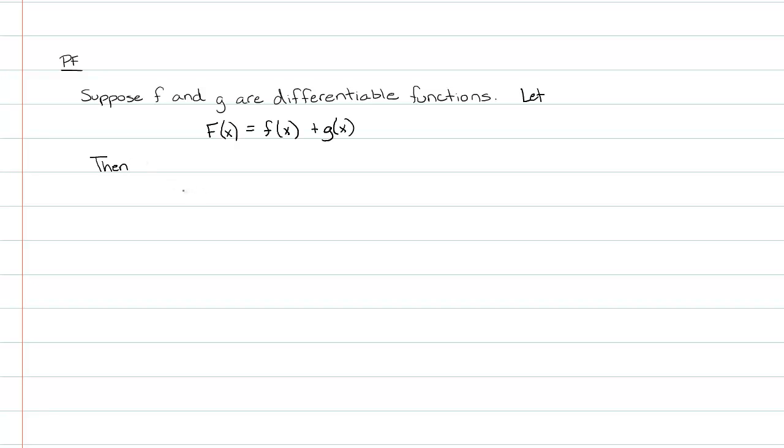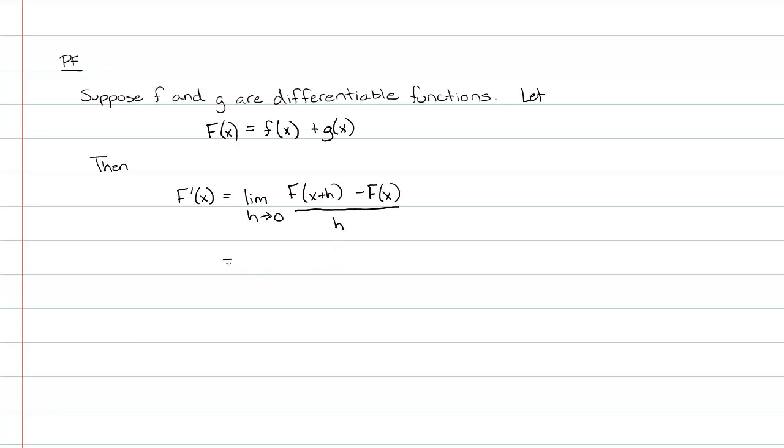the derivative of F at x is equal to the limit as h approaches 0 of capital F of x plus h minus capital F of x, all over h.